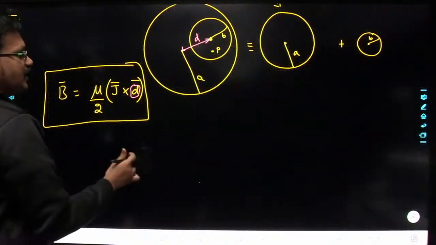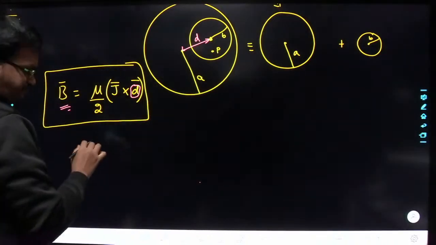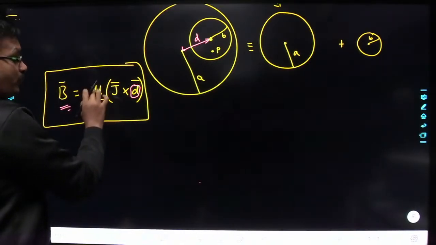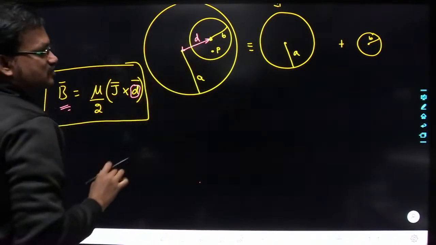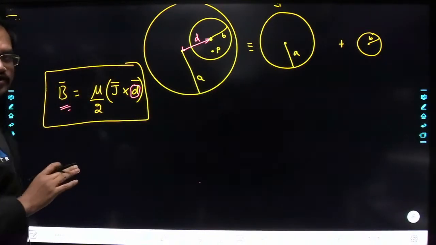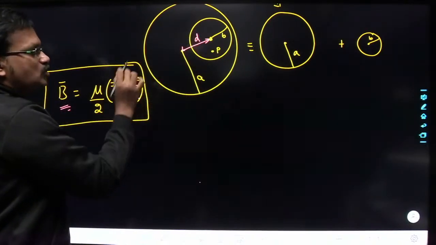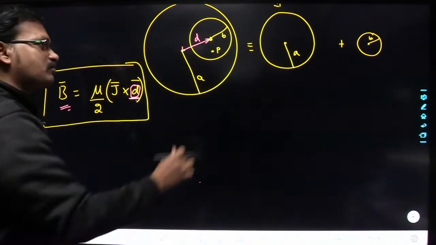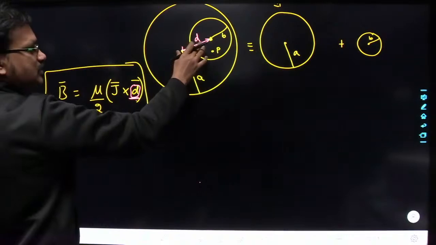So we have seen that inside the cavity, the magnetic field is equal to mu by 2 times Z bar cross D bar, where D is the distance between the centers of the two cylindrical wires. That means the B field inside the cavity depends only upon the distance between the centers.